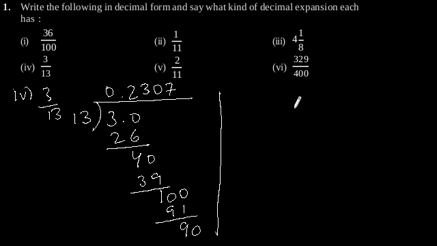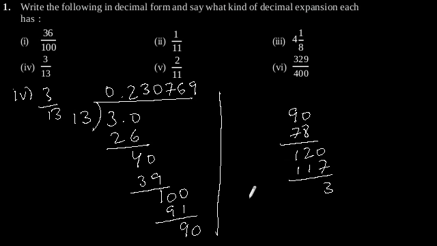We'll put 0. 90. 13 into 6 gives 78. Remainder 12. We'll put 0 again. 13 into 9, 117, which gives remainder 3. So here we can see that the block of digits 0.230769 will repeat from here.